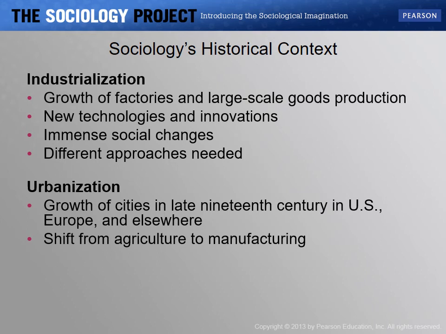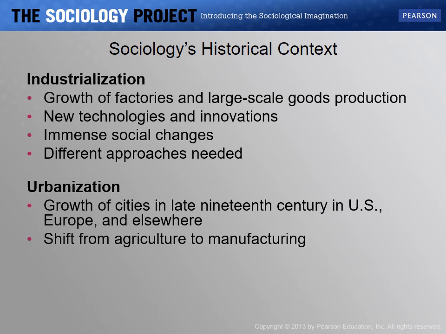Another important factor, I mentioned one already besides industrialization, and that's globalization. Another one is urbanization, people moving from rural areas into cities. And the reason they did that was because that's where industry was at. We shifted away from agriculture to manufacturing. Think about the small farm in the United States.